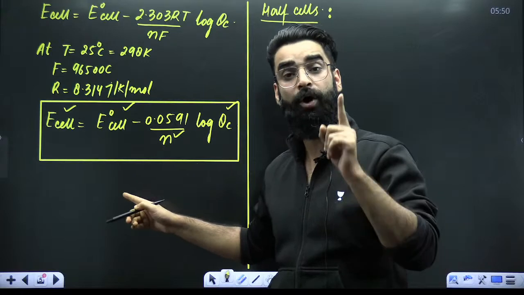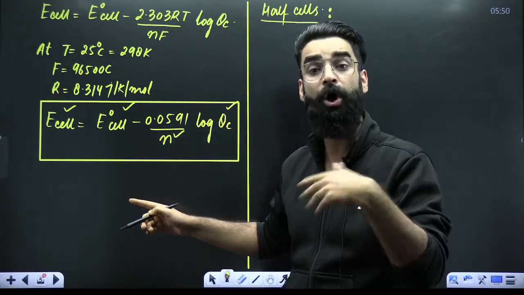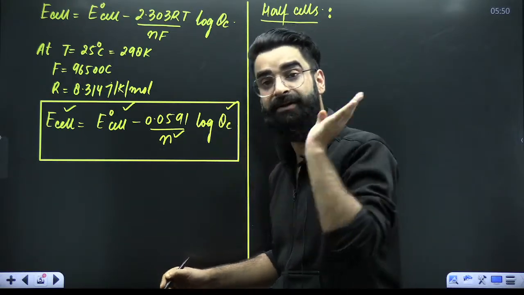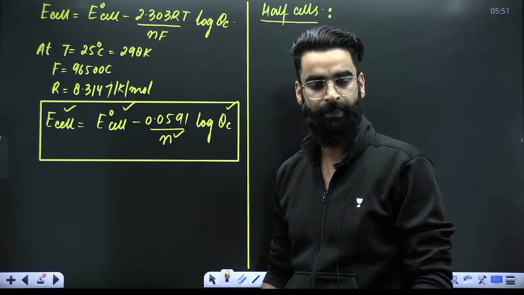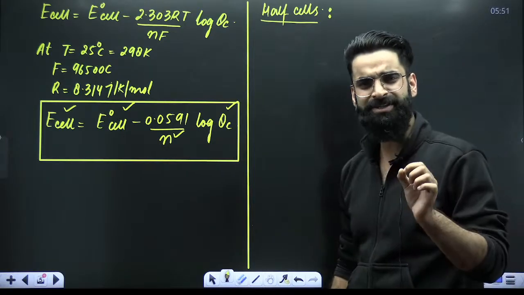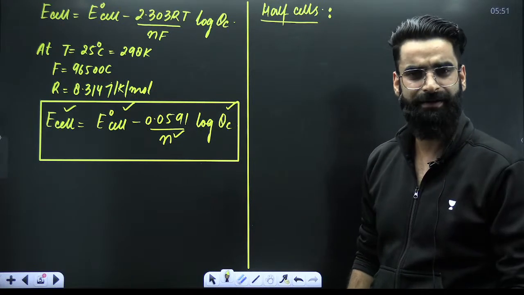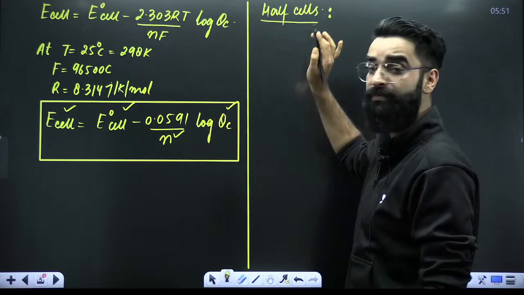In order to calculate the oxidation potential of the half cell, or the reduction potential of the electrode under non-standard conditions, at that point of time, I'll be using this particular equation. And how exactly am I going to write this? Imagine that I need to calculate the reduction potential of some electrode under non-standard conditions. How do I write this equation? You'll write this equation in a different format.